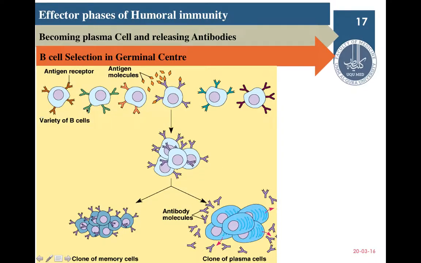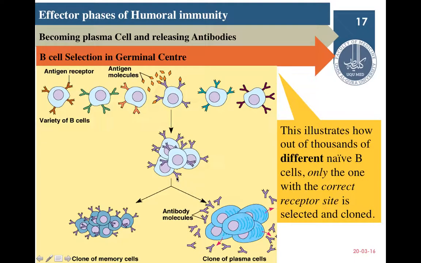So out of millions of B cells, just the specific B cell which is antigen specific is selected, and then it will make its own army. This illustrates how out of thousands of different naive B cells, only the one with the correct receptor site is selected and cloned.